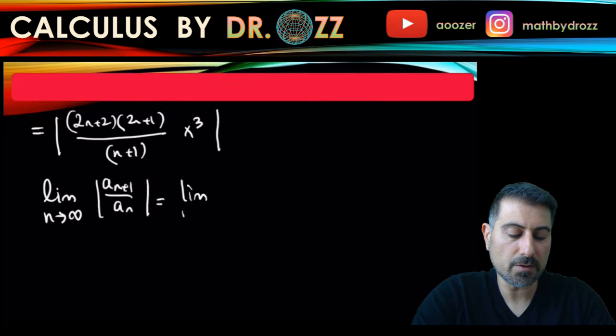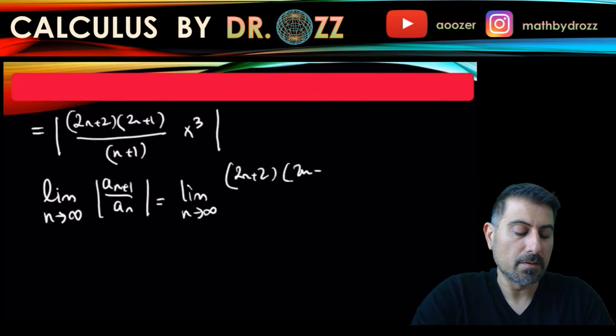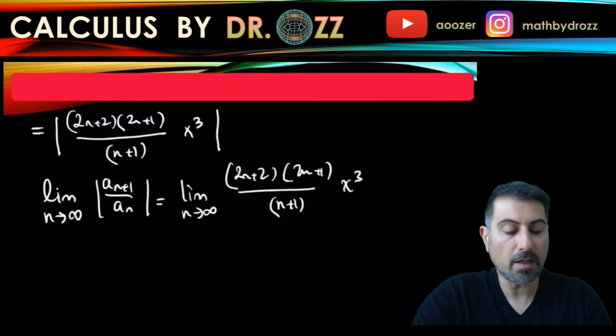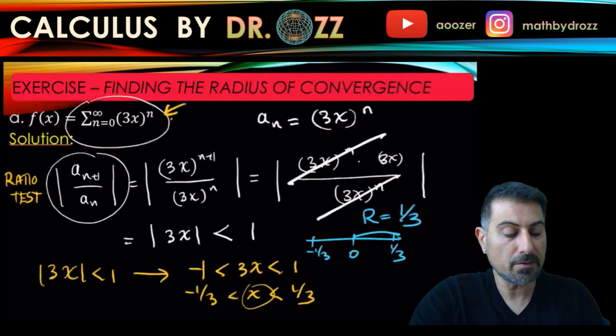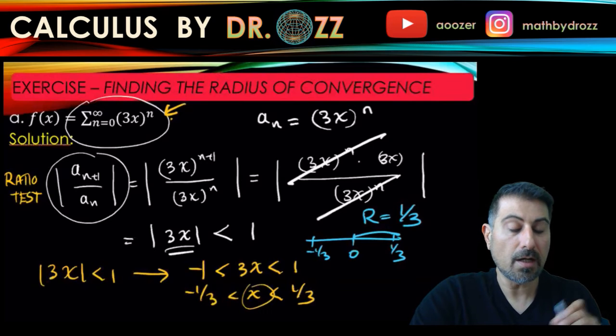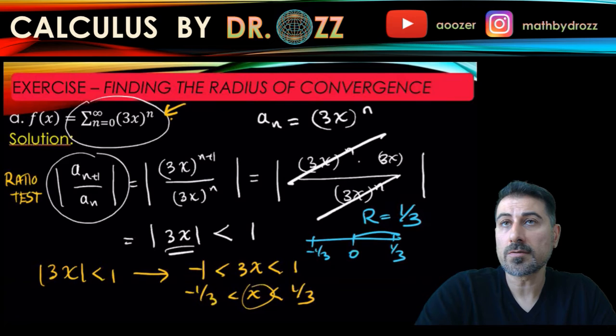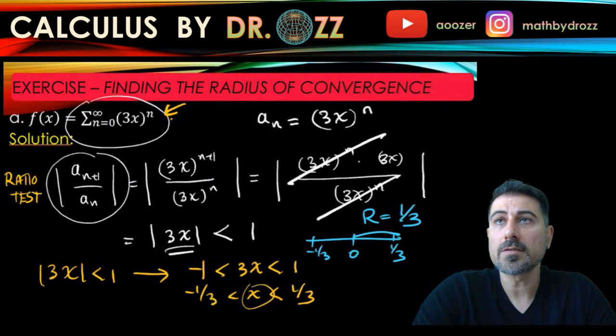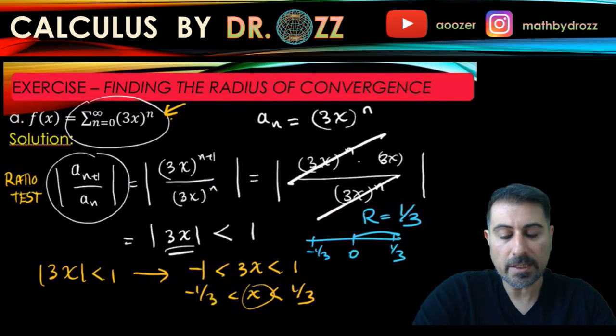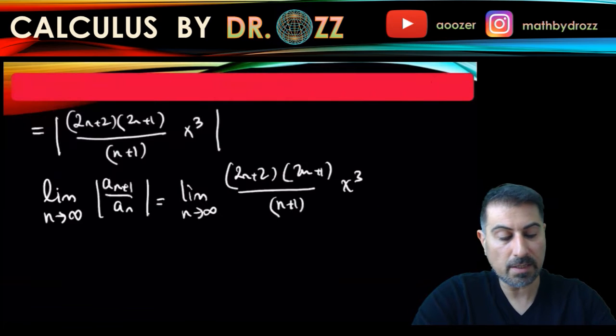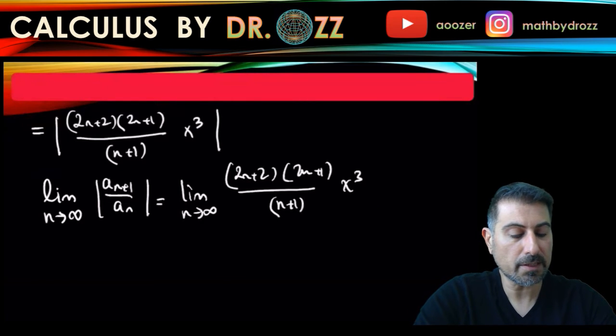Okay, so let's just copy that down again here. In the previous part, I did not pass the limit because I didn't need to, because there was no leftover n term. So the limit of that quantity was just the absolute value of 3x. So I didn't do the limit calculation, but for this one we have to see what's going on in terms of the limits.